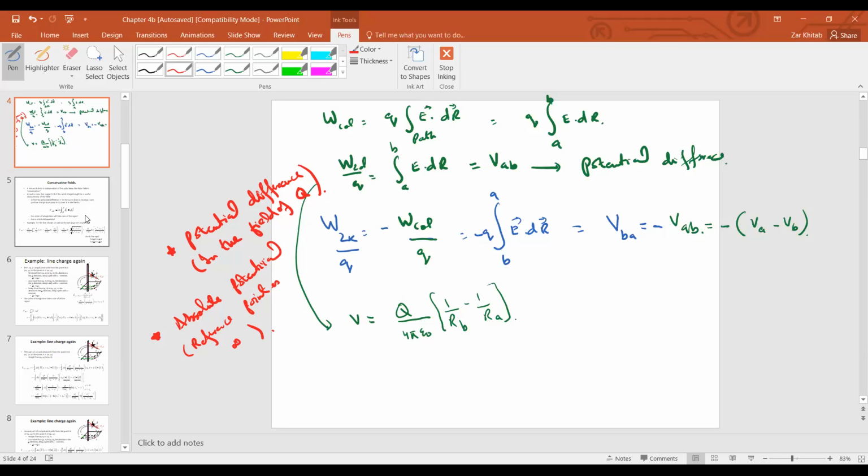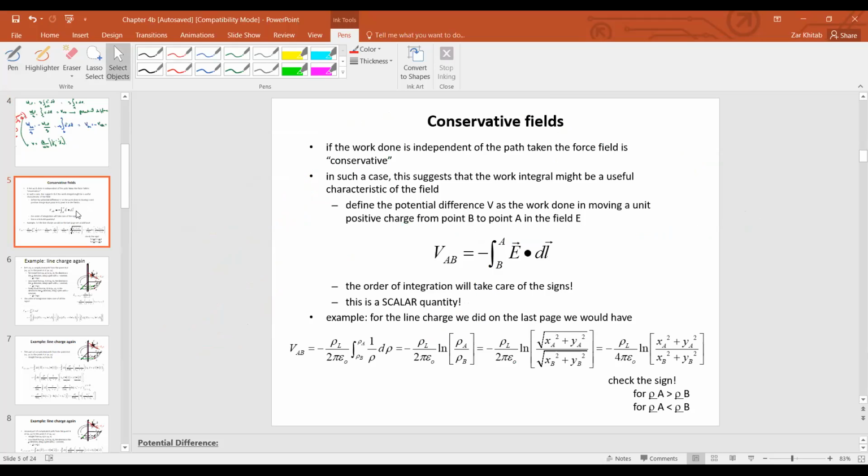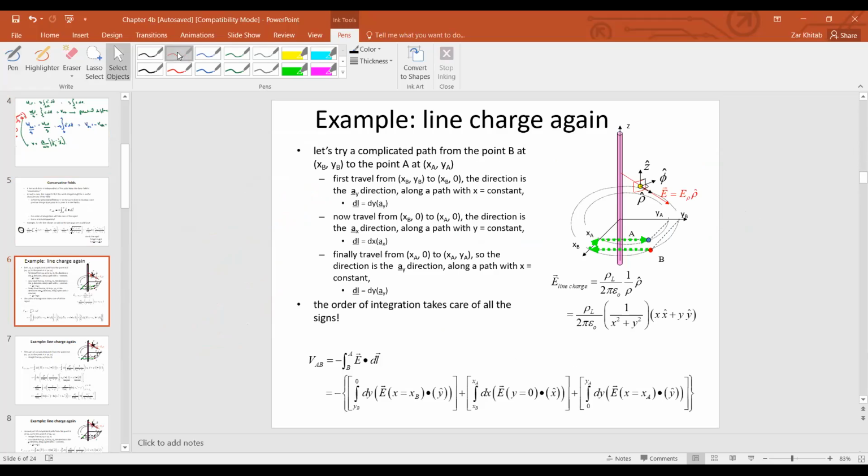And then we also saw one more very interesting equation, and that is the potential difference. If you try to work out in a certain field, for example, the potential difference of this positive charge, its electric field is this much, right?